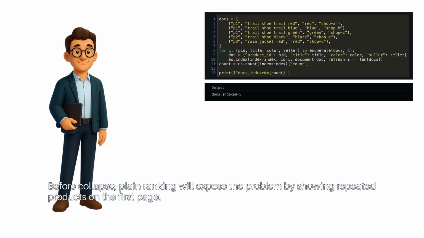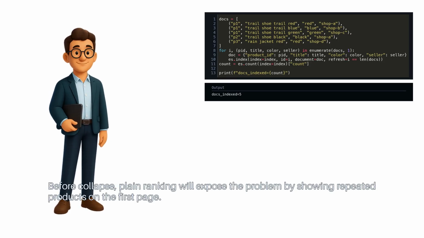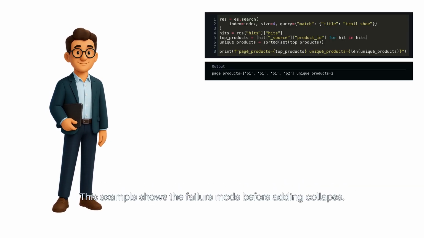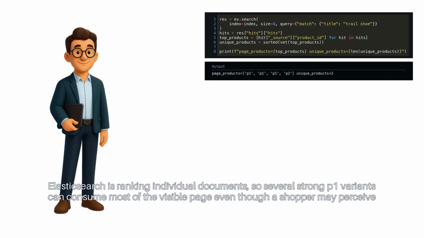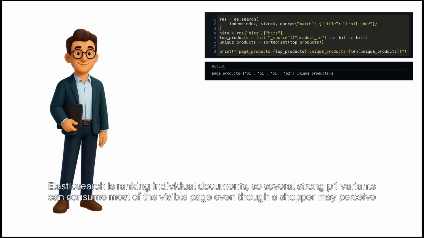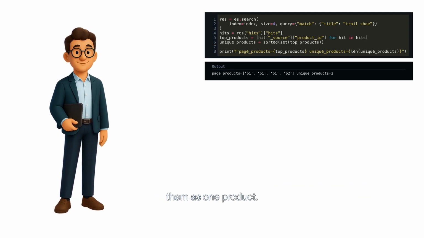Before collapse, plain ranking will expose the problem by showing repeated products on the first page. This example shows the failure mode before adding collapse. Elasticsearch is ranking individual documents, so several strong P1 variants can consume most of the visible page, even though a shopper may perceive them as one product.